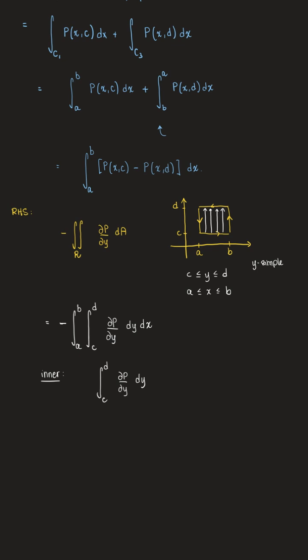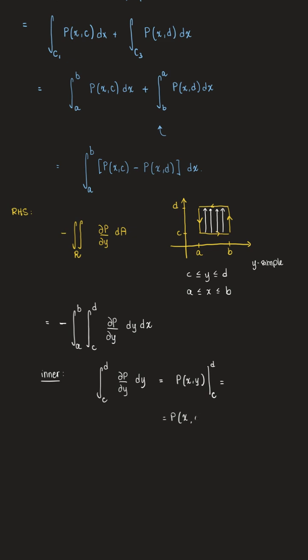But notice what's happening here. This is taking the derivative of a component of the vector field, which is a scalar function, with respect to y, and then integrating with respect to y. So when we take the derivative of P and then integrate the derivative of P, we get P. So this results in P(x, y), where y varies from c to d, which will be P(x, d).